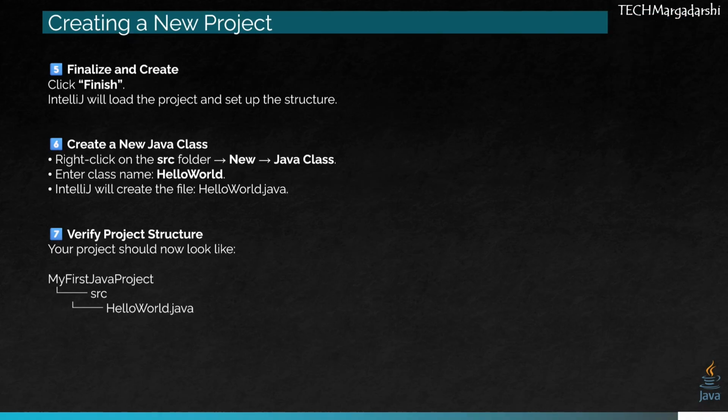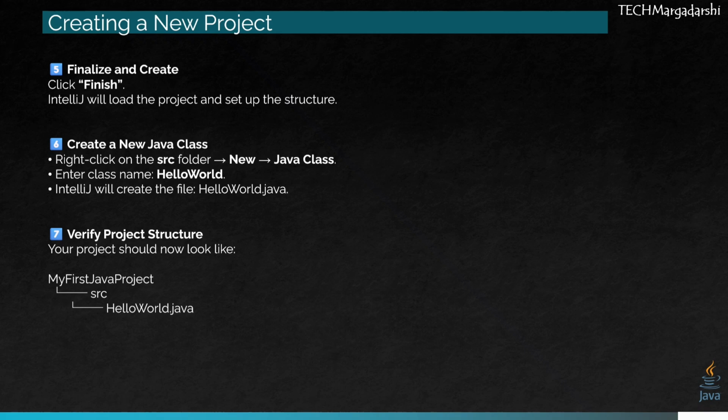Now that our project is ready, let's create our very first Java class. Inside IntelliJ, go to the src folder in the project panel. Right-click on it, choose New, and then select Java Class. When prompted for a name, type HelloWorld.